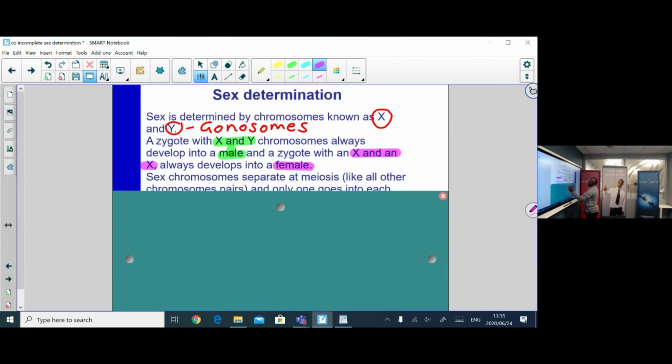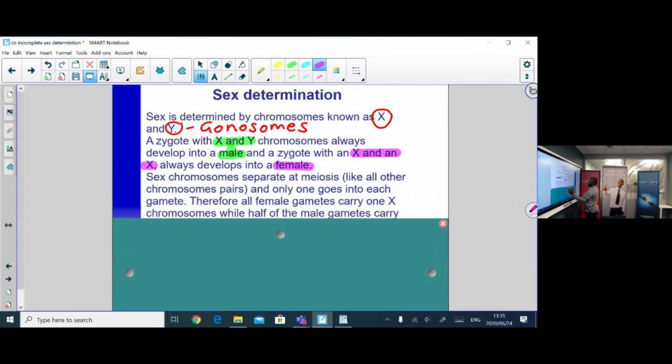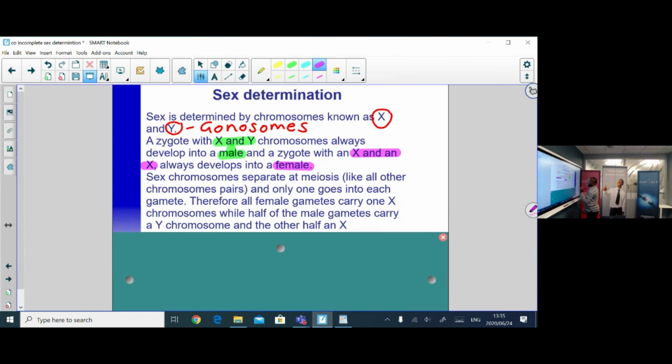Okay. Sex chromosomes separate at meiosis like all other chromosomes. Remember your meiosis 1, meiosis 2, and only one goes into the gamete.